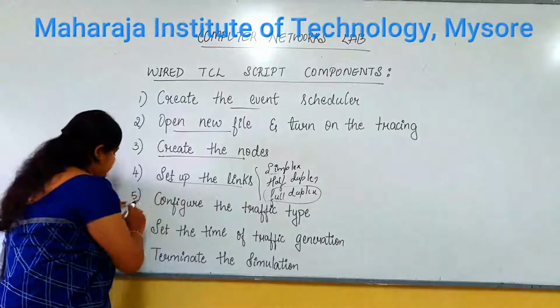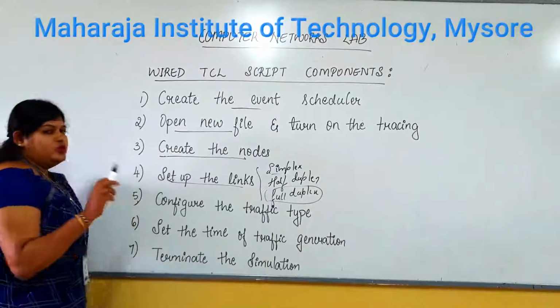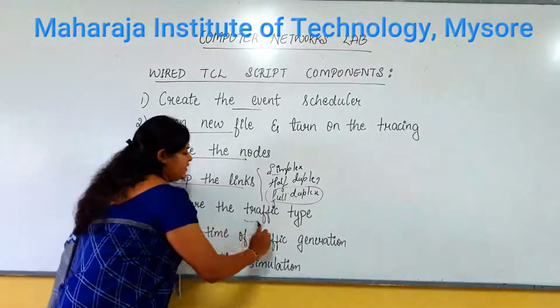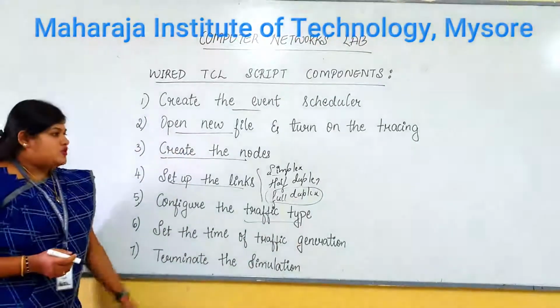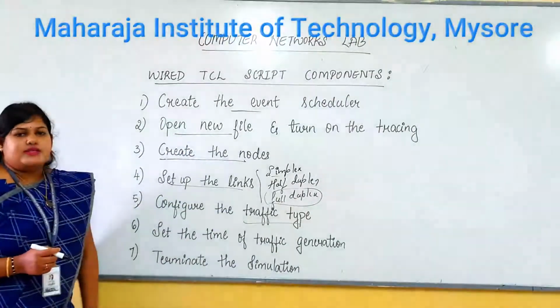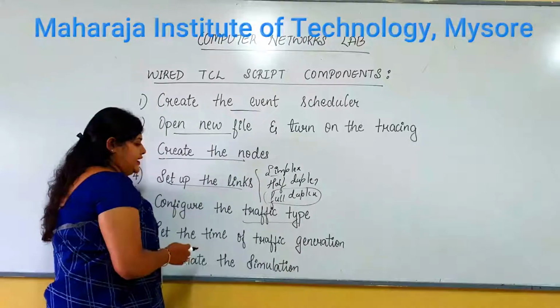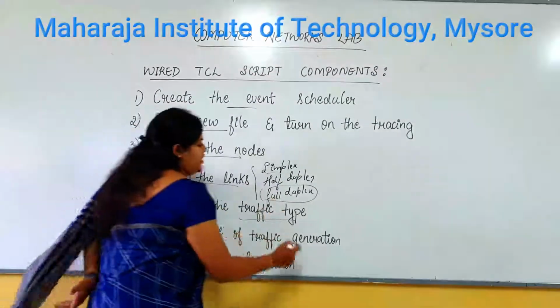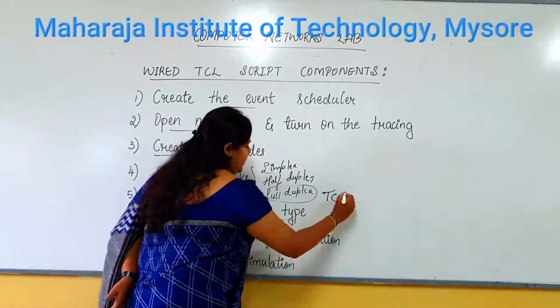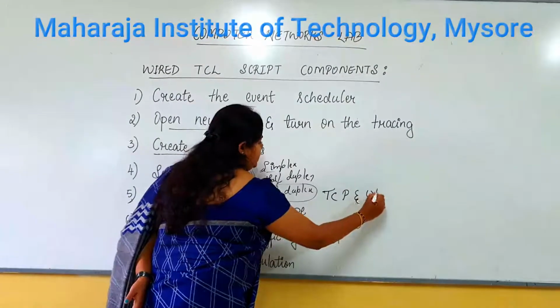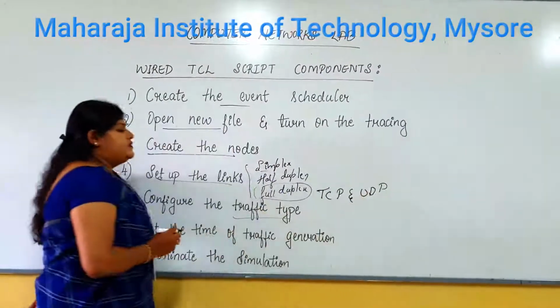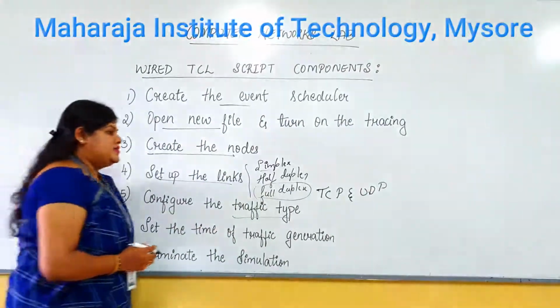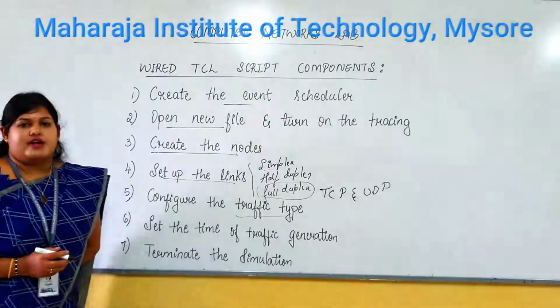So likewise, the fifth step is to do the configuration with the traffic type. In order to do the traffic type, basically we are going to use the agents. In your NS2 simulation, basically we are going to deal with TCP and UDP. That is the transmission control protocol, and second, the user datagram protocol.